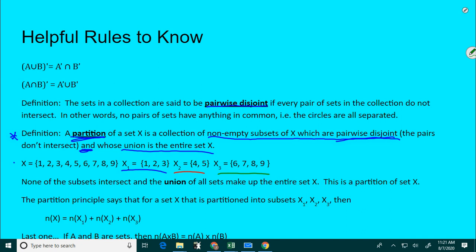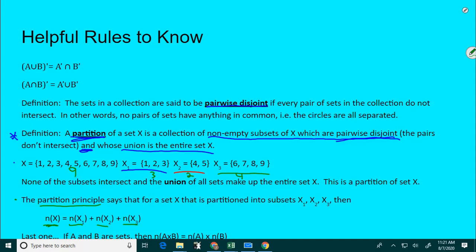And then down here, partition principle says if I have a set X that's partitioned into subsets, in this case 3 subsets, but it would be the same no matter how many subsets you have, the number of elements in X is equal to the number of elements in each of the subsets put together. So if you notice up here, there were 9 elements in set X. The subsets had 3, 2, and 4.